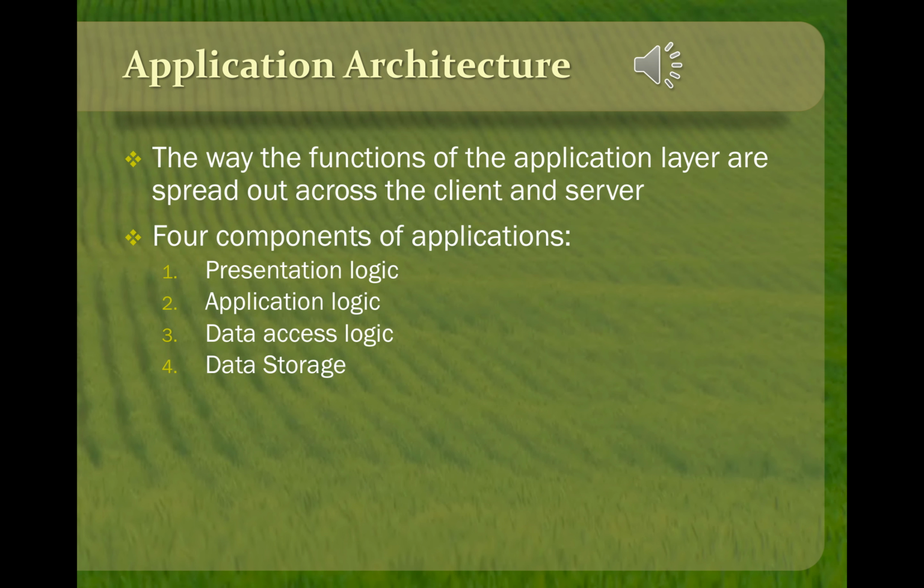This might be an HTTP request, but it's the logic used to request and access the data. And then the way the data is stored, whether it be stored on a disk, on a SAN, stored locally, or stored and distributed across multiple environments, those are the contents of the application architecture.